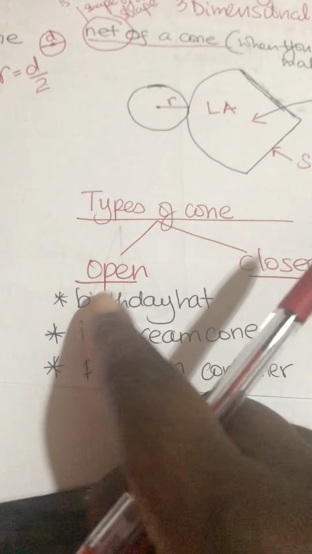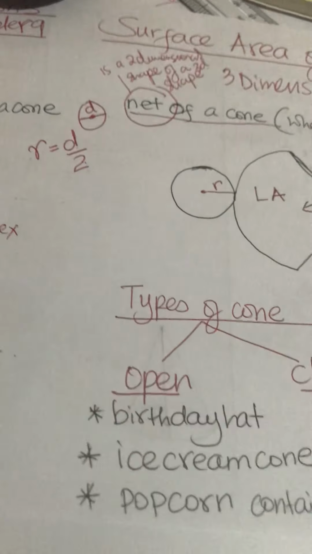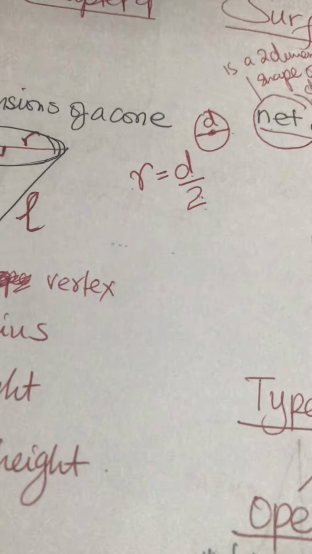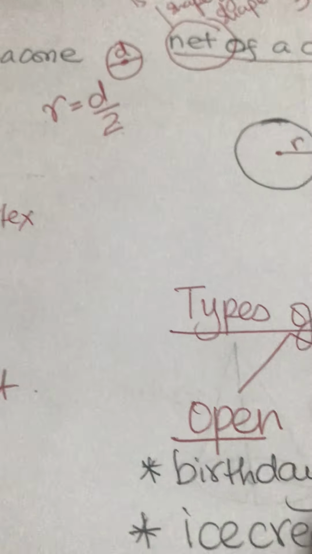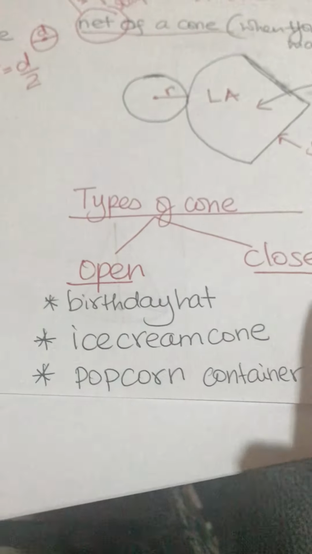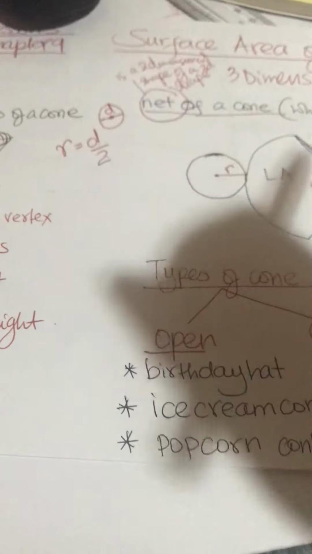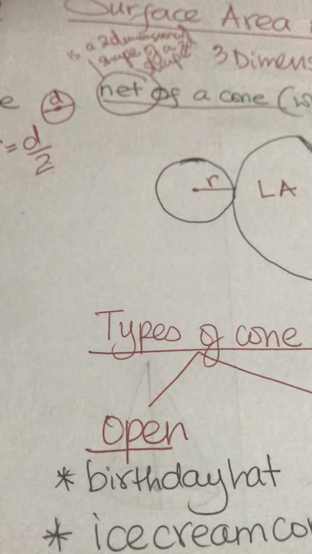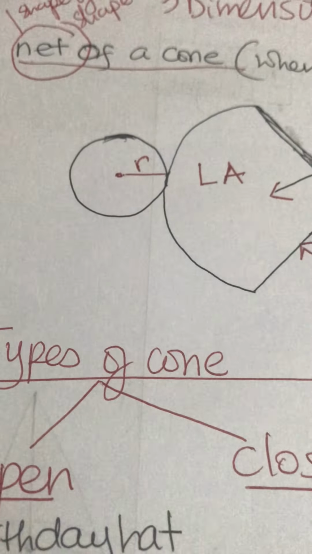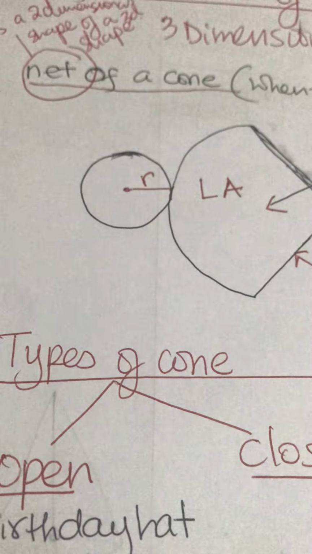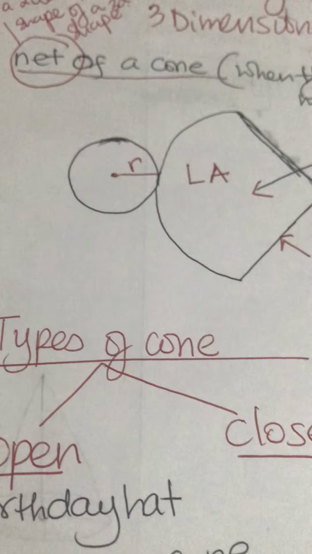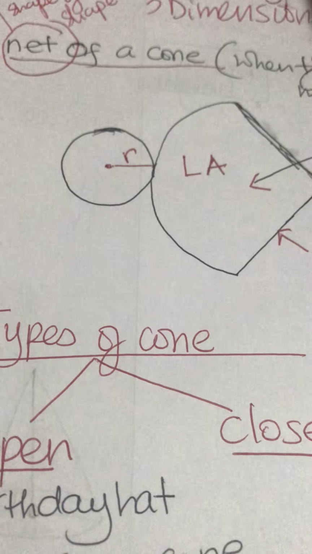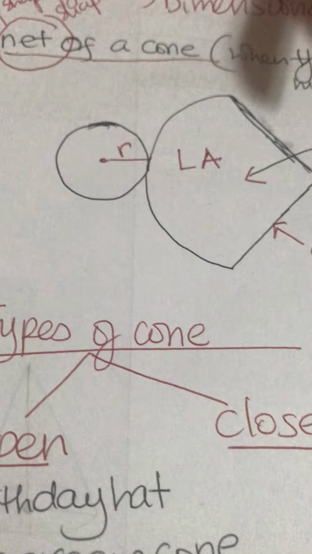Now, the birthday hat. You put your head inside the hat. The ice cream cone, because you need to put the ice cream inside the cone. I saw it in your book. Here.